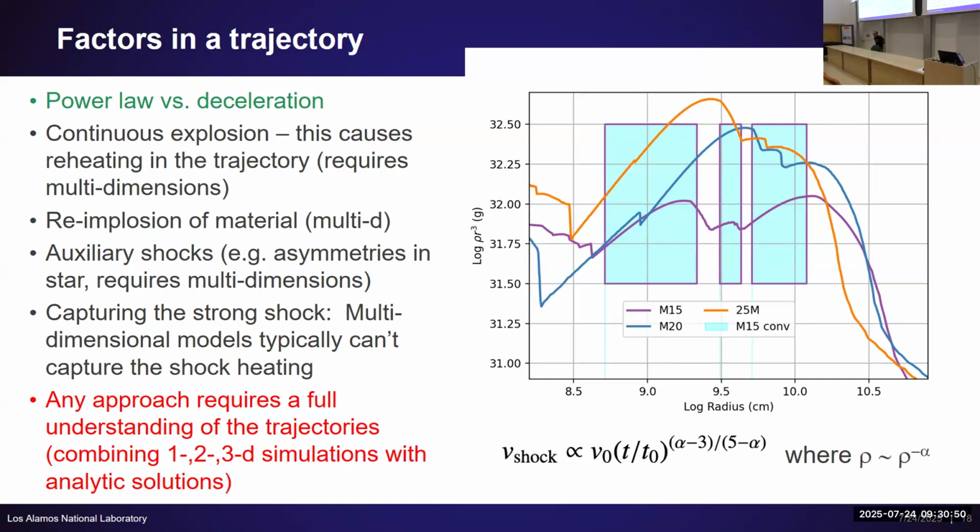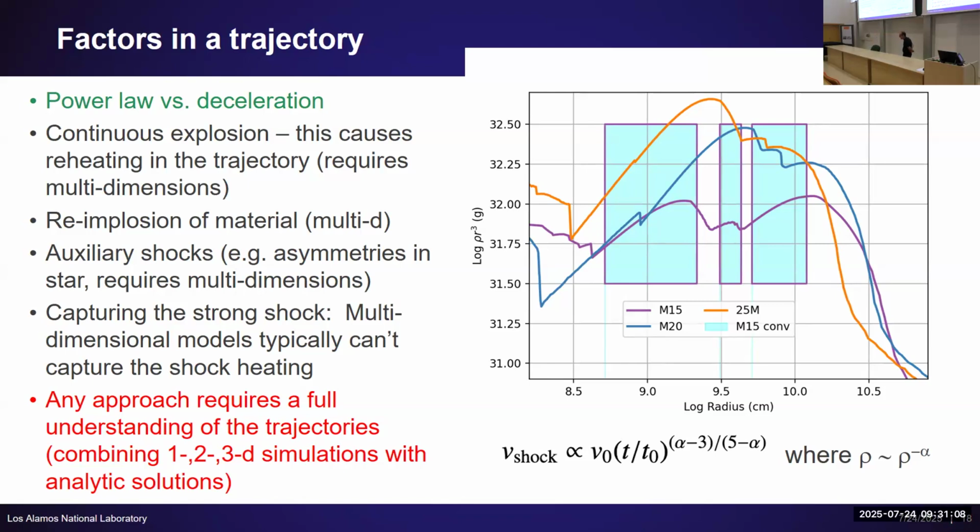And so oftentimes stellar modelers plot rho r cubed, and where that's flat is right at the boundary. It keeps a constant velocity, and if it's going up, that means you're slowing down, and if it's going down, you're accelerating.